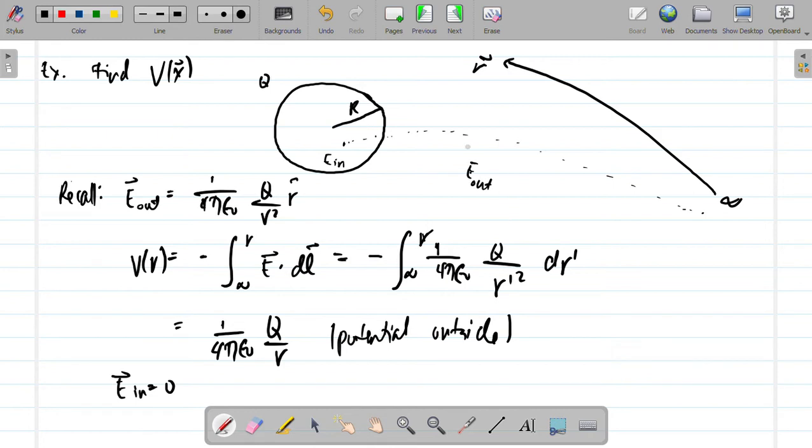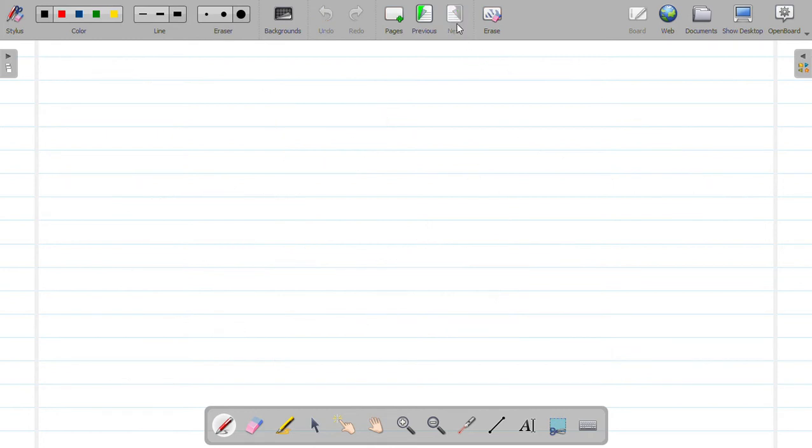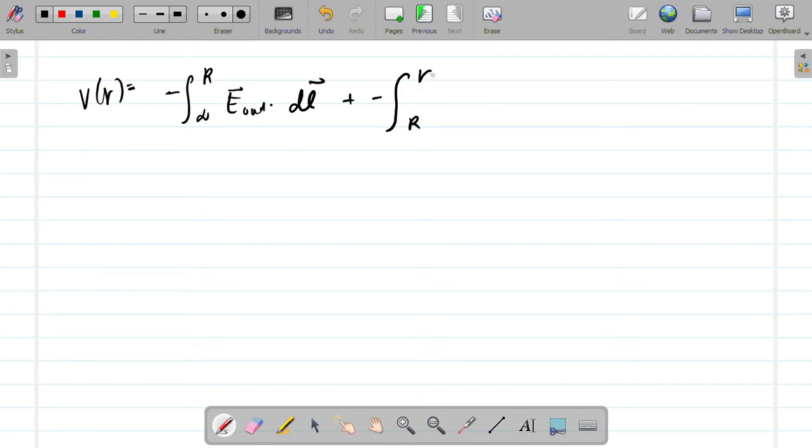Okay? So, yun lang. Hinati natin yung integral. So, bale, we get V of R equals negative infinity to R E out dot dl plus negative R to R E in dot dl.